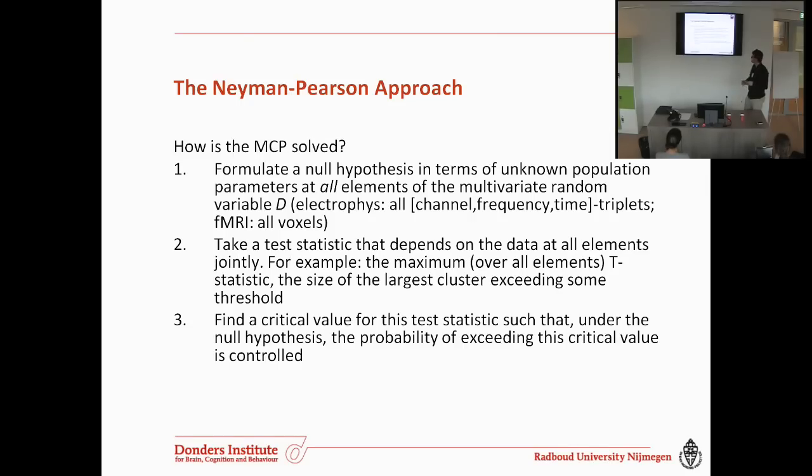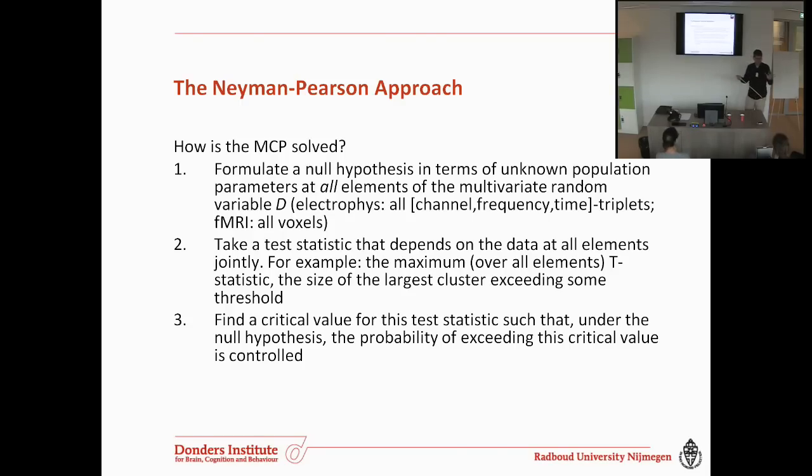Yeah. And there's also other types of statistics that are based on thresholding and calculating the size of the largest cluster. So there are different ways to aggregate the voxel-specific t statistics. The third step, once you have this aggregate statistic, is to find the critical value for this test statistic such that under the null hypothesis, the probability of exceeding the critical value is controlled.